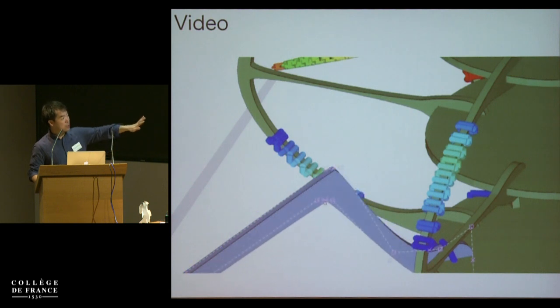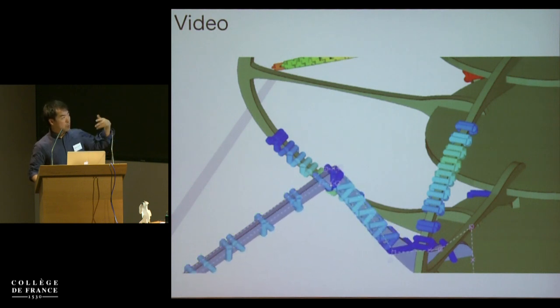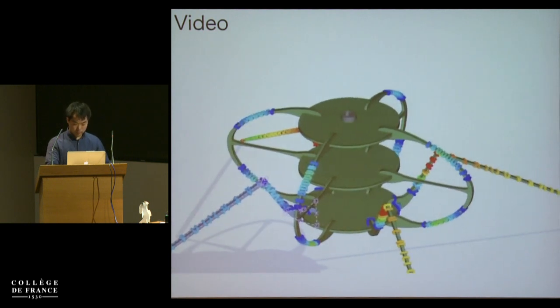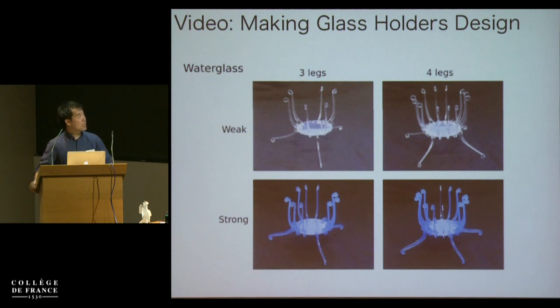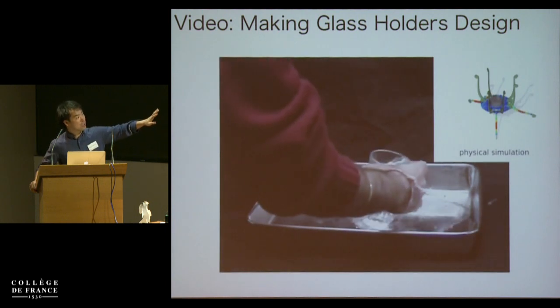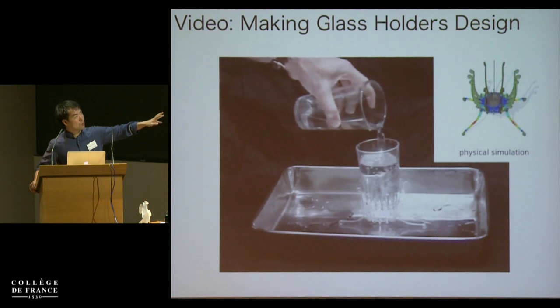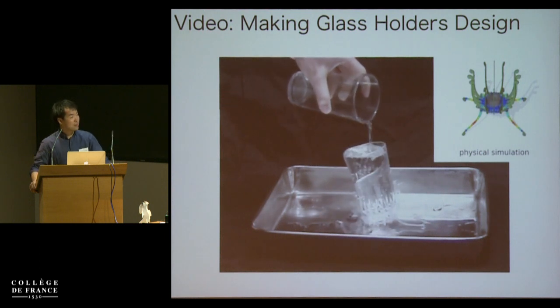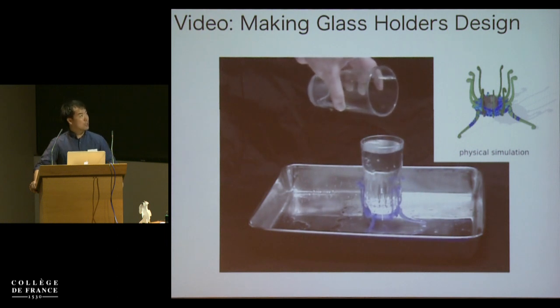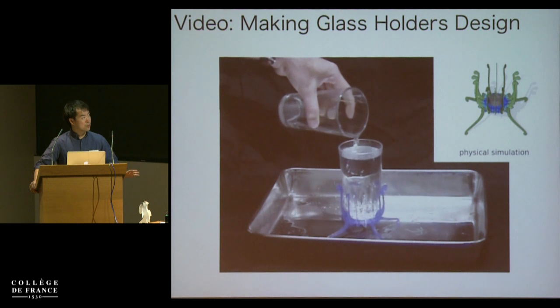When the user designs this object, it can provide real-time feedback like this. And here is a design of a glass water holder using our cross-section analysis. Here, the simulation predicts it's a weak design, and it topples or bends. But if the simulation says it's okay, it doesn't go messy.